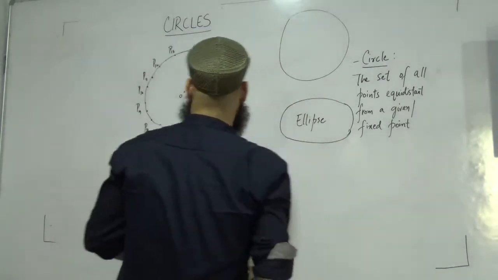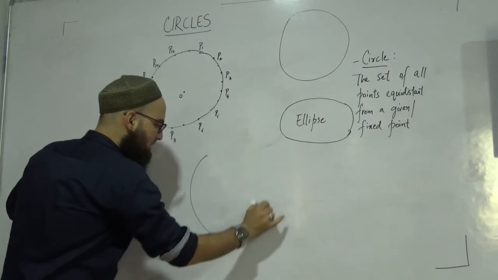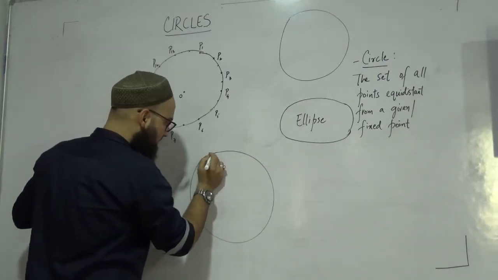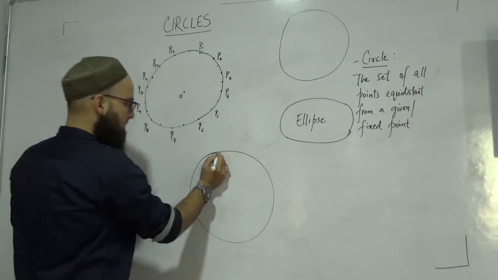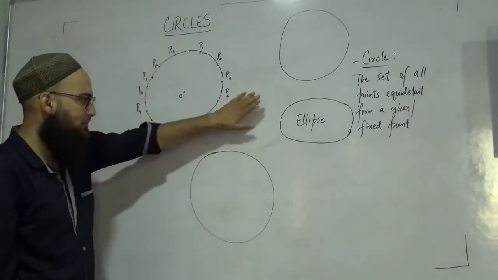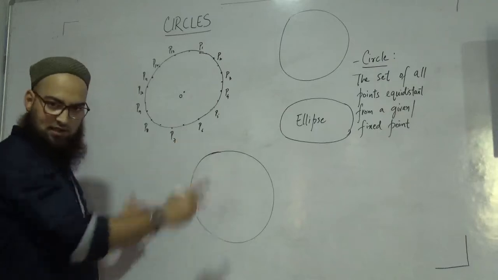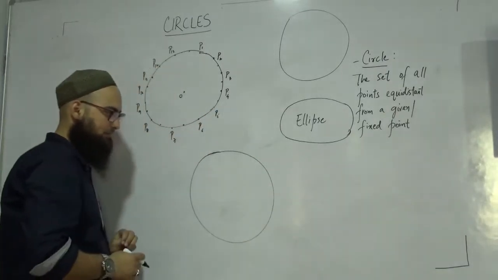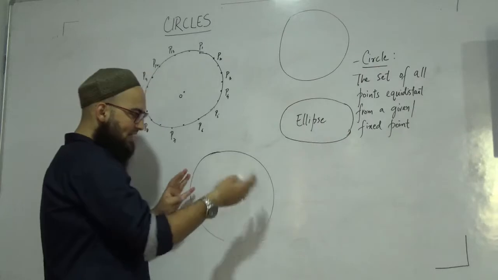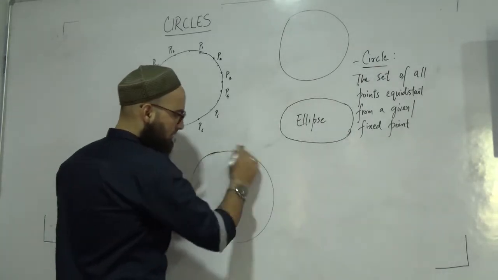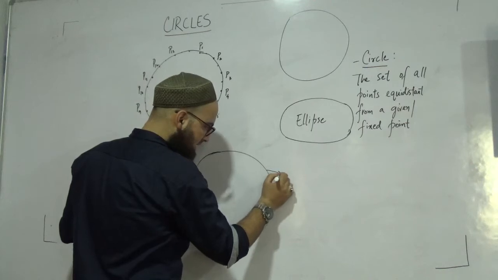After that, when we established a circle, now we know what a circle is. Now the circle divides the plane on which it is drawn into 3 parts. Like this is called the circle itself.